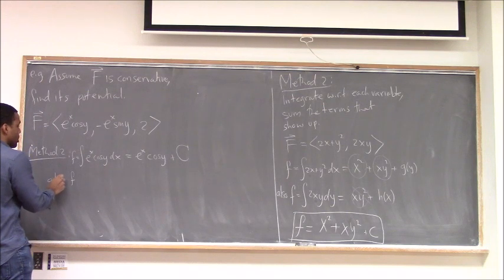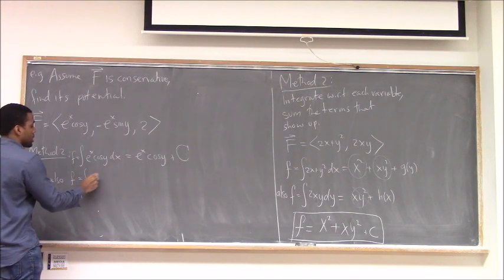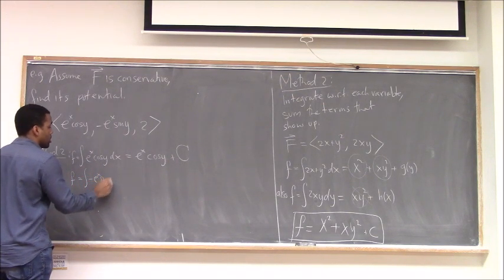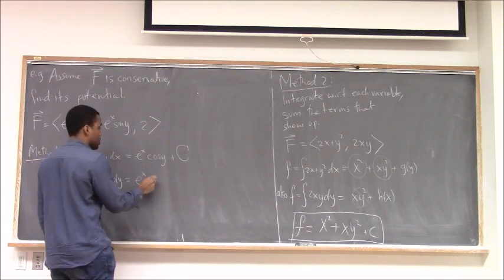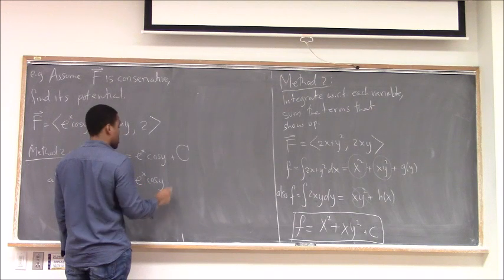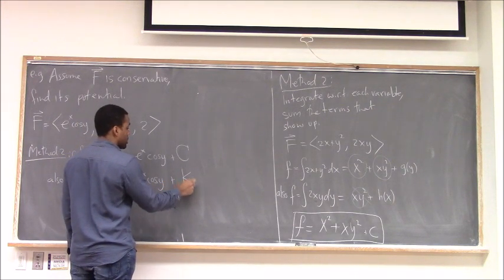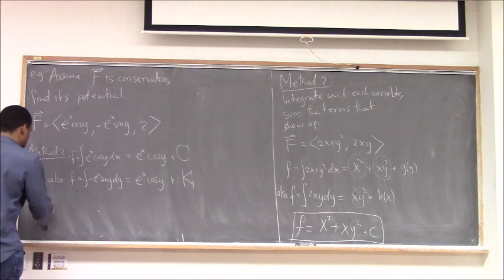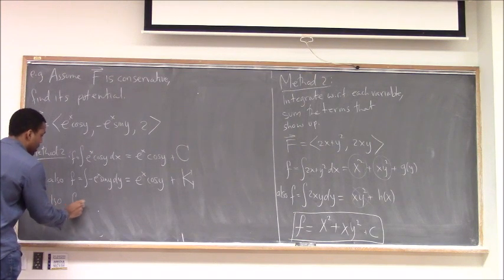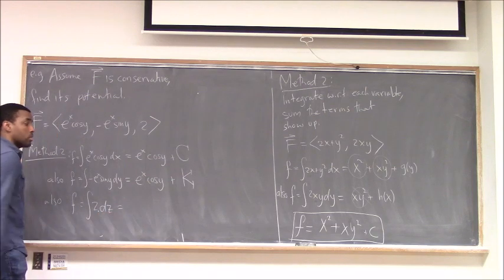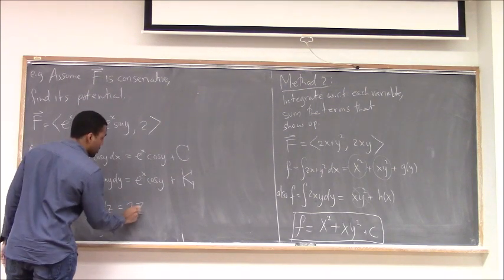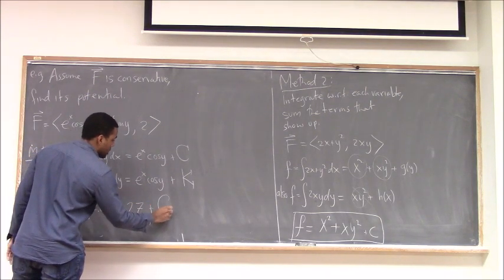Also, my f is going to be the integral of this guy with respect to y. That's going to give me e to the x cosine y plus some other constant. Also, my f should be the integral of this guy with respect to z. That's just going to give me 2z plus some other constant.